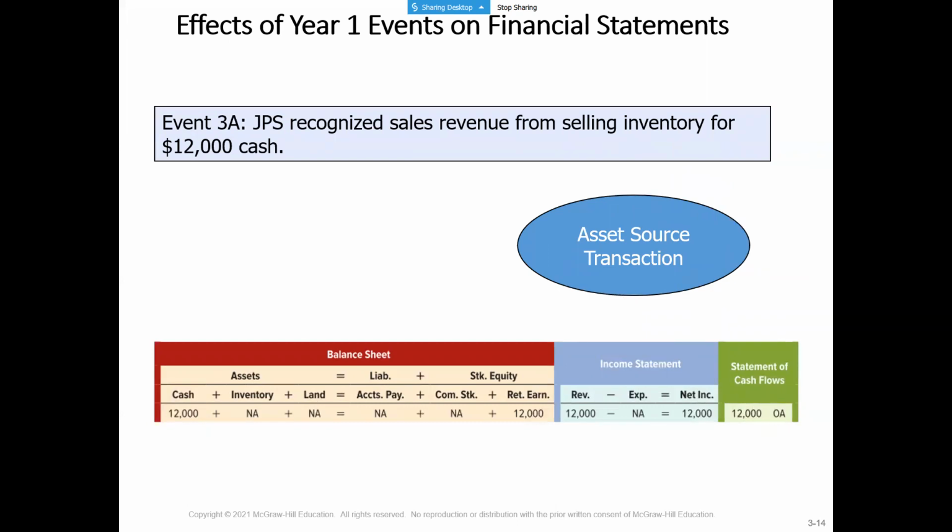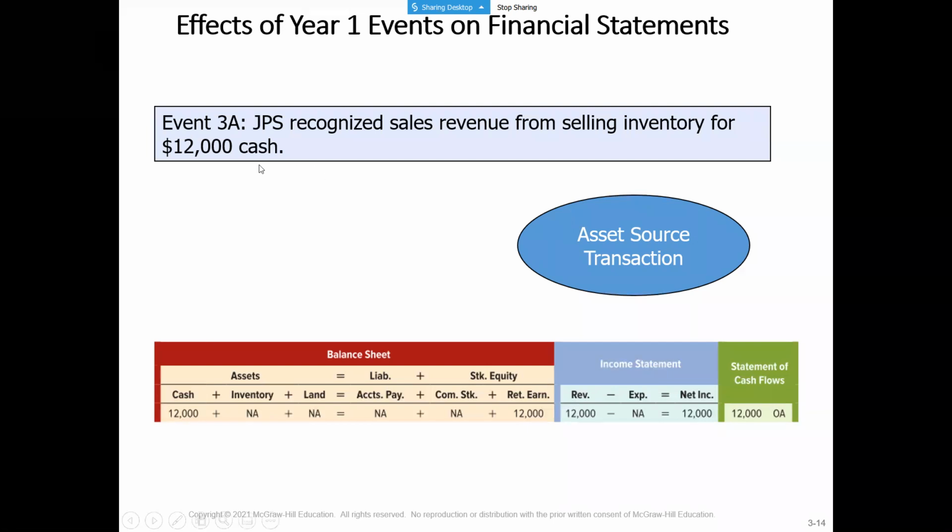So selling inventory, again, we do have two different transactions to record. One will be the recognition of sales revenue, either an increase to cash if inventory is sold for cash, or an increase to accounts receivable if inventory is sold on account.